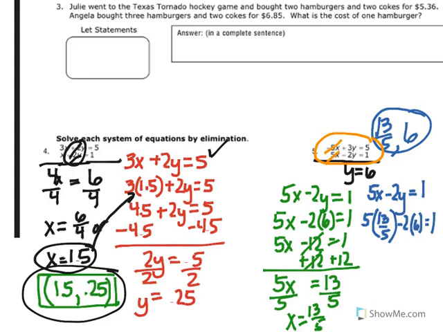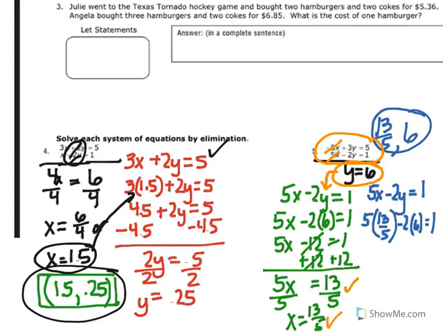So plus 3y minus 2y is y, and 5 plus 1 is 6. So there's our first variable, y equals 6. Then I plug that in for y in the second equation, 5x minus 2y equals 1. I solved that out and got down here to 5x equals 13, and divide by 5 and you get x equals 13 over 5.